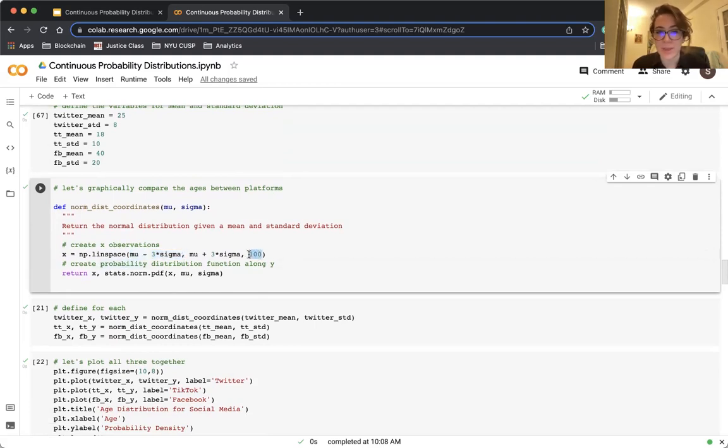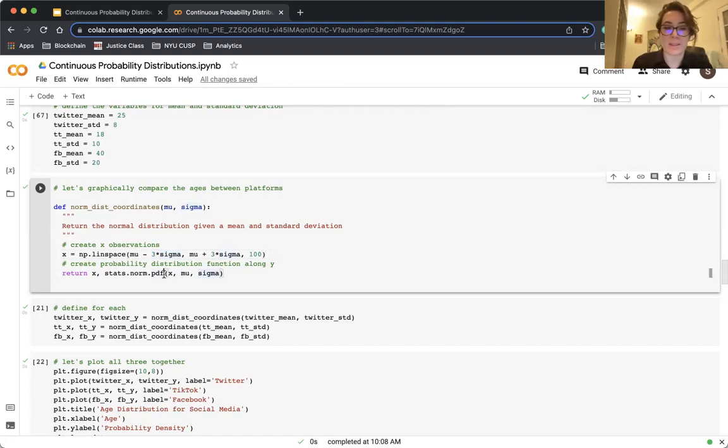It'll take 100 of them, where you have the difference from the mean minus 3 standard deviations to the left to 3 standard deviations above the right. So this is just defining our horizontal axis and saying from the mean, start 3 standard deviations to the left and 3 standard deviations to the right, because that's what we'll want to start to plot that normal distribution off of.